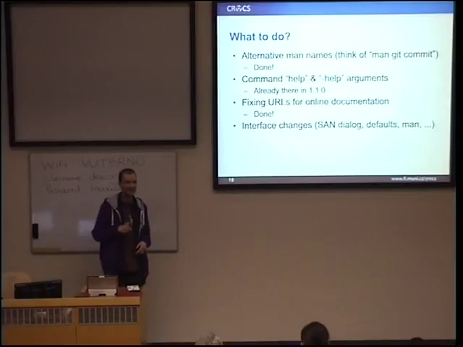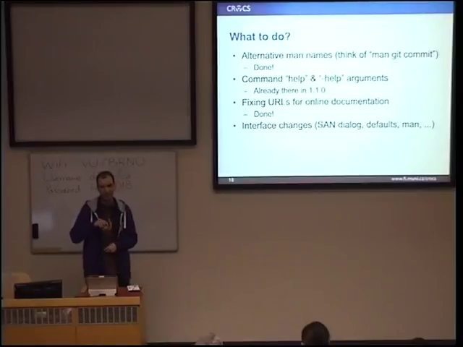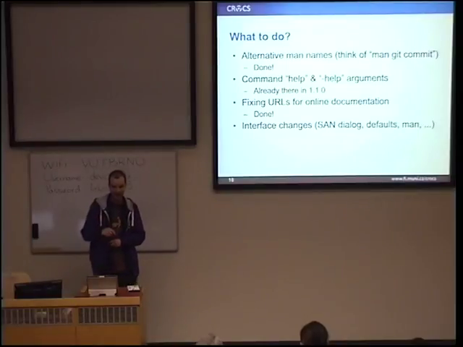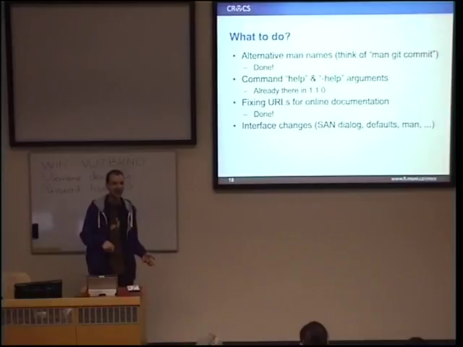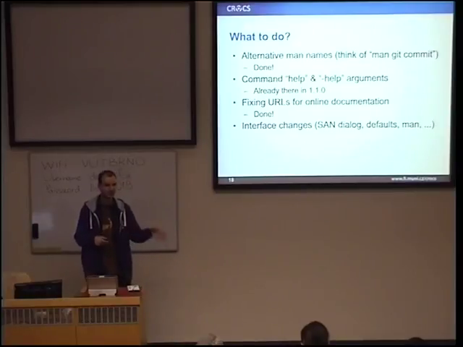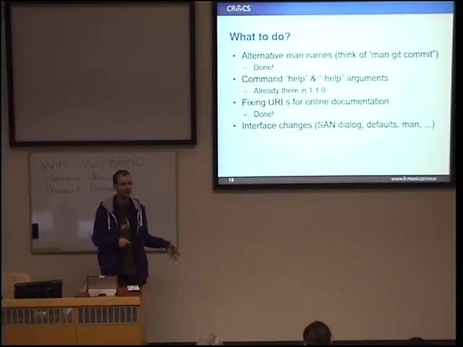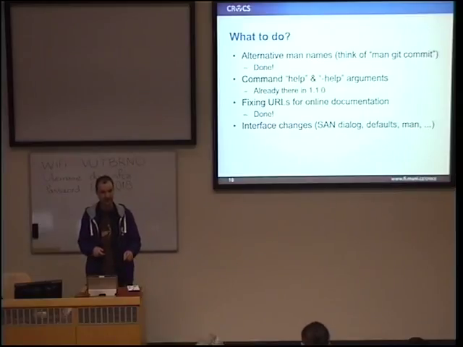Actually, setting a subject alternative name when issuing a certificate in the OpenSSL command line was pretty complicated, because the only way to do that was to use a configuration file and set the domain there, and then tell it, issue a certificate based on things in this configuration file.